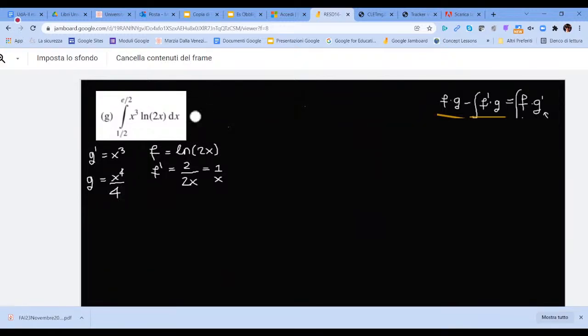So now, with this computation in mind, we can apply the formula f times g.